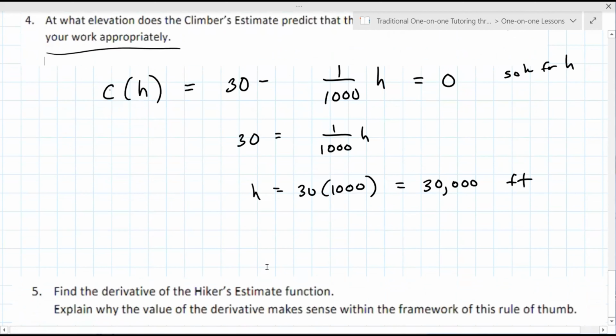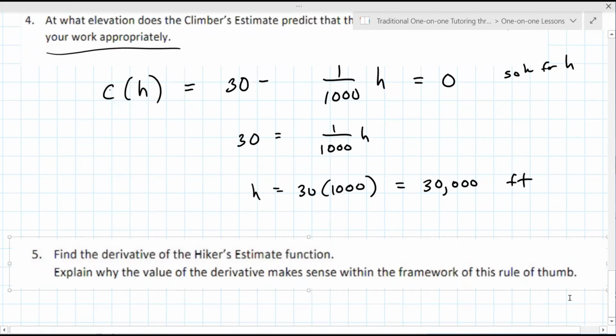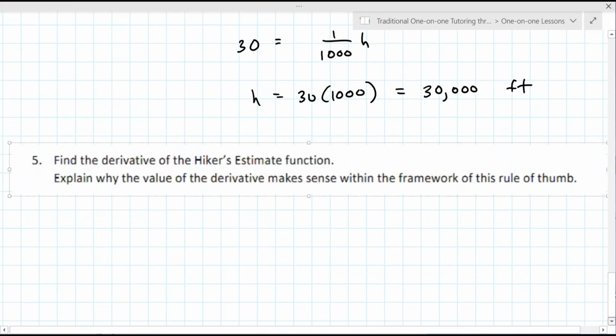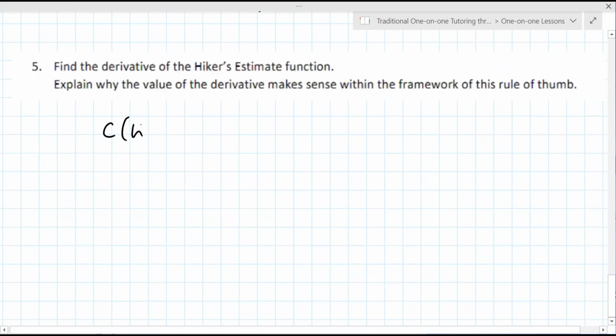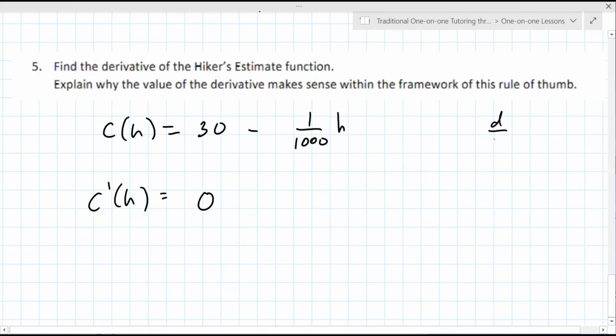Okay, now number 5, it says to find the derivative of the hiker's estimate function. So your estimate function is this, 30 minus 1 over 1000 h. And so the derivative, C prime of h: the derivative of 30 is 0. The derivative of a constant times x is always the constant.